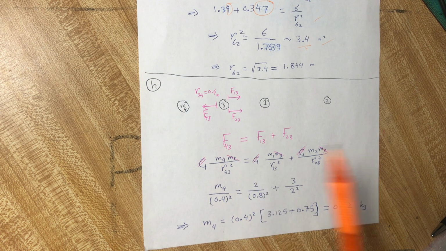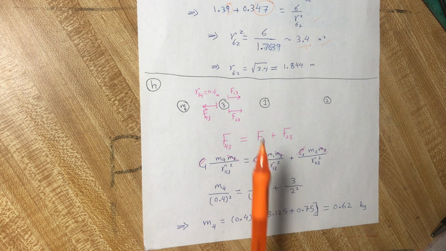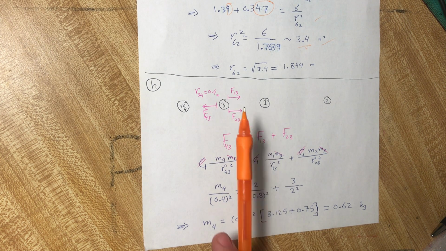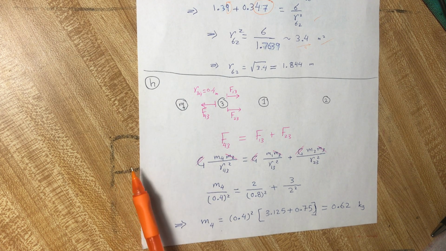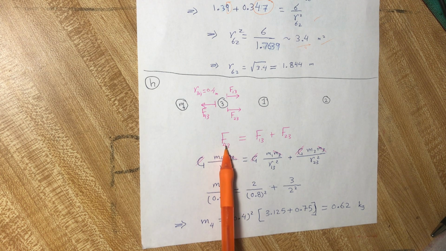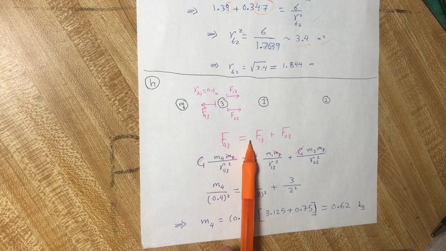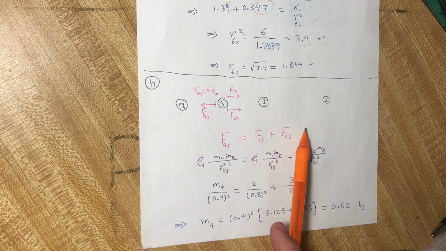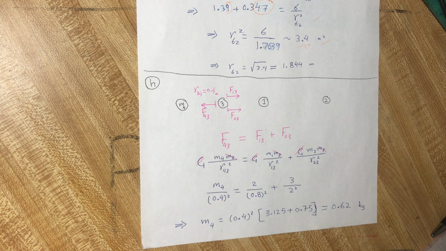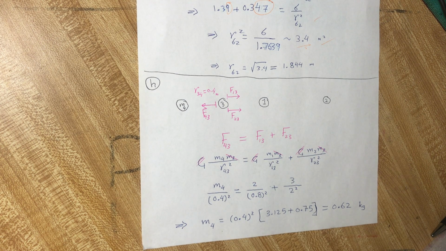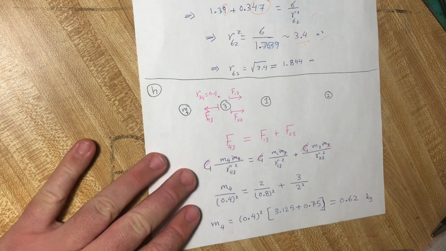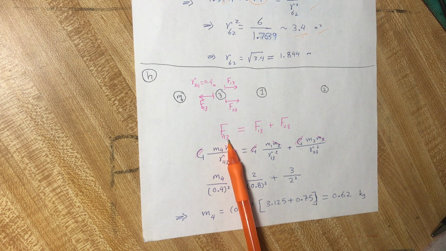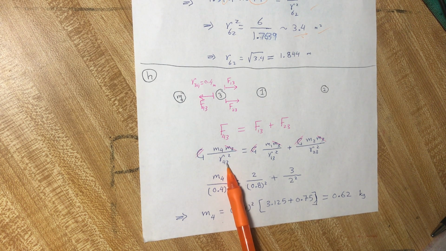We can use that because we need an equilibrium on mass number 3. F43. I name this M4, okay? So the force from the fourth on 3 is equal to the forces from the first and the second objects on the third object. I know these values from the first part of my solution, but I use the second way now. Look, the force from 4 on 3 is equal to G M4 M3 over R43 squared.